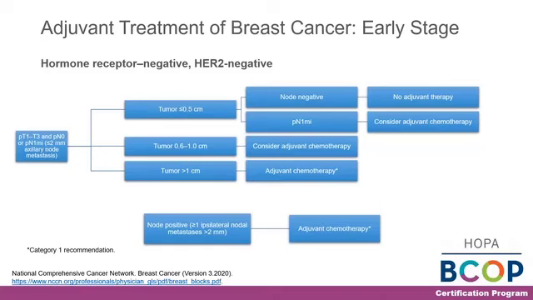And for tumors greater than 1 centimeter in the ER/PR negative, HER2 negative population, adjuvant chemotherapy is recommended as a category 1 recommendation. And again, if there are positive nodes in these patients, which equates to 1 or more ipsilateral nodal metastases, adjuvant chemotherapy is definitely recommended.